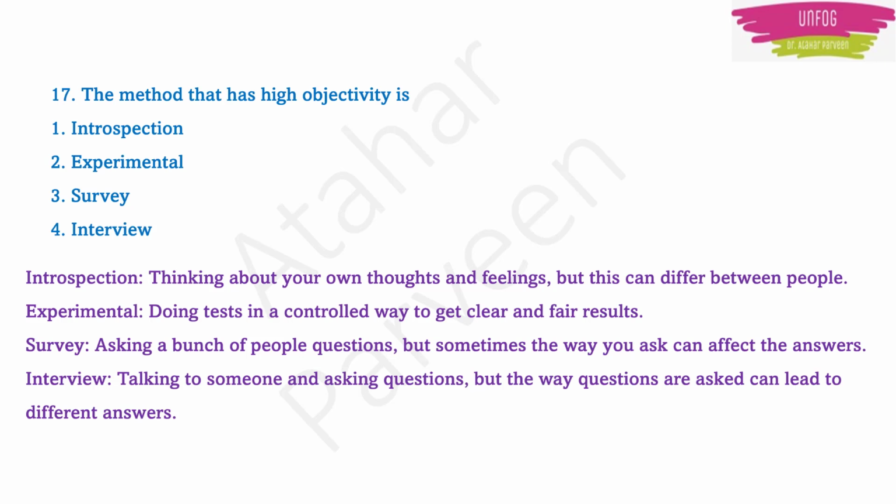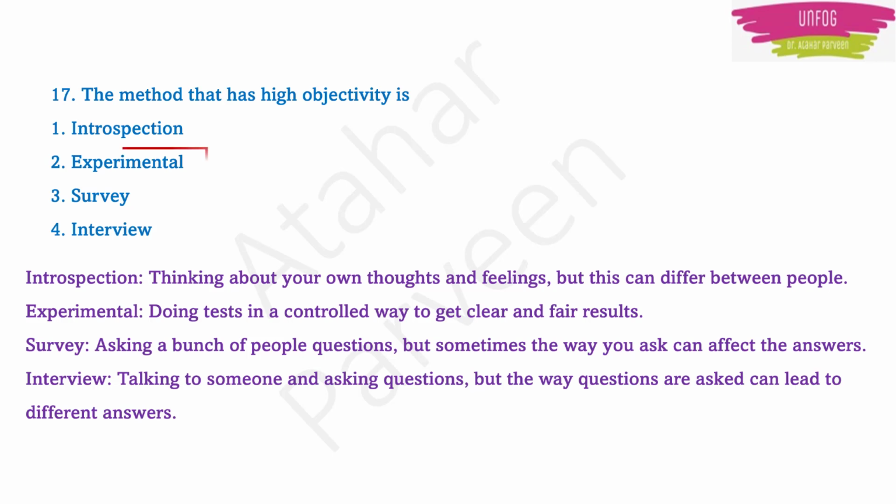Next one is interview, talking to someone and asking questions, but the way questions are asked can again lead to different answers. You can say there is a drawback in survey and interview: if you are not asking questions in a proper manner, then you will get different answers for the same questions. Okay. Anyway, coming back to our question, the method that has high objectivity.